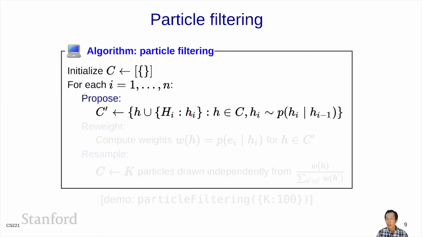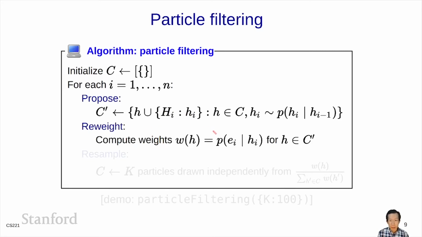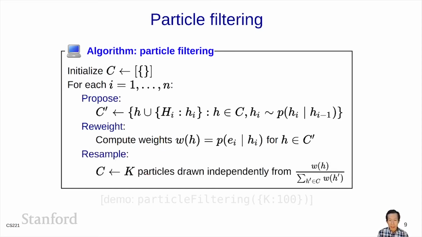In beam search, I consider all of them, which can result in a blowup, but in particle filtering, I'm only going to look at one. Now I'm going to weight the particles based on the evidence, which is this emission distribution. And finally, I'm going to redistribute my resources by normalizing this weight distribution and drawing K particles independently from that distribution.